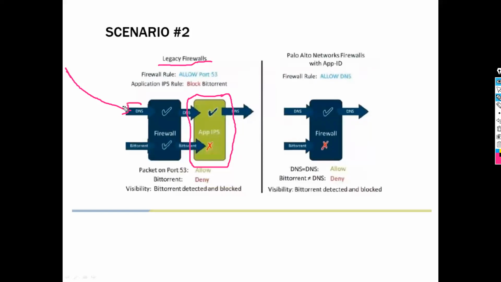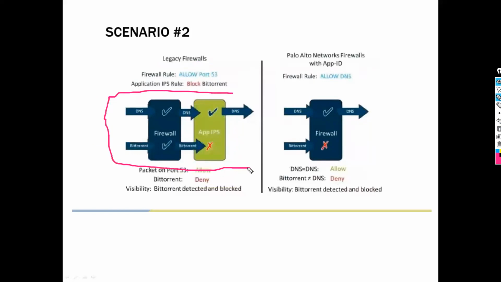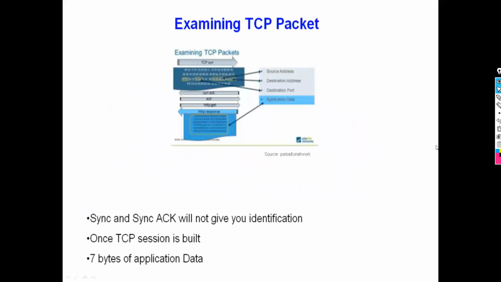With the firewall, if you allow your DNS, the application is allowed by default. But if you want to block any specific application, you need to add one more device. It means you require two devices, one firewall and second the app IPS. But a firewall with next generation features will give you both functions in a single box. Like I told you, if you want to allow DNS, yes, you can. If you want to block any specific application, yes, you can with a next generation firewall. Is that fair, guys?